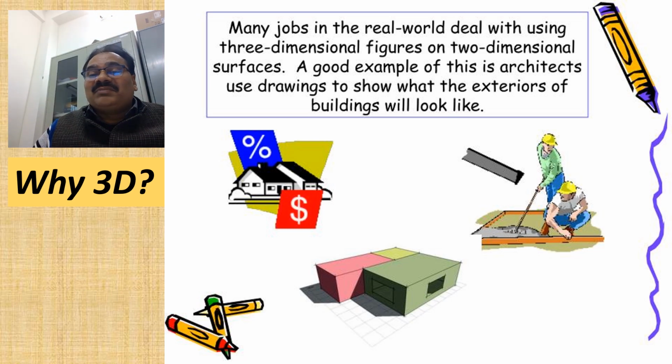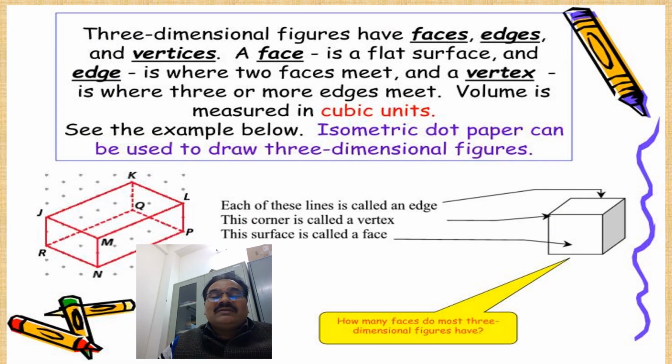Every kind of mathematical shape you can visualize during the construction of any building. Three-dimensional figures have faces, edges, and vertices. A face is a flat surface, an edge is where two faces meet, and a vertex is where three or more edges meet. The volume, as you know, is measured in cubic units.